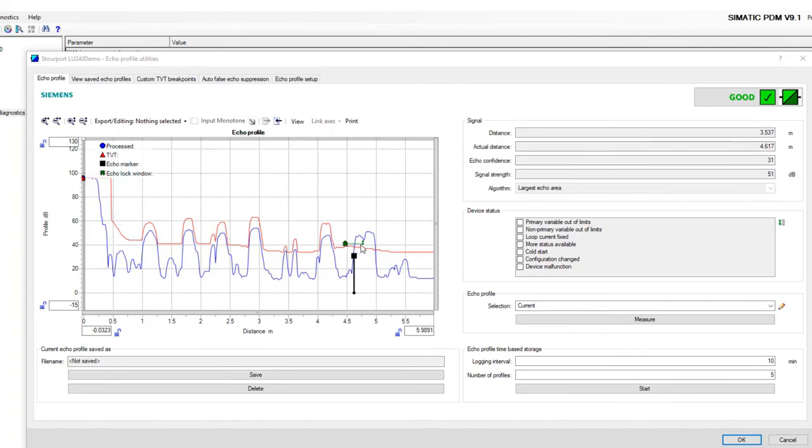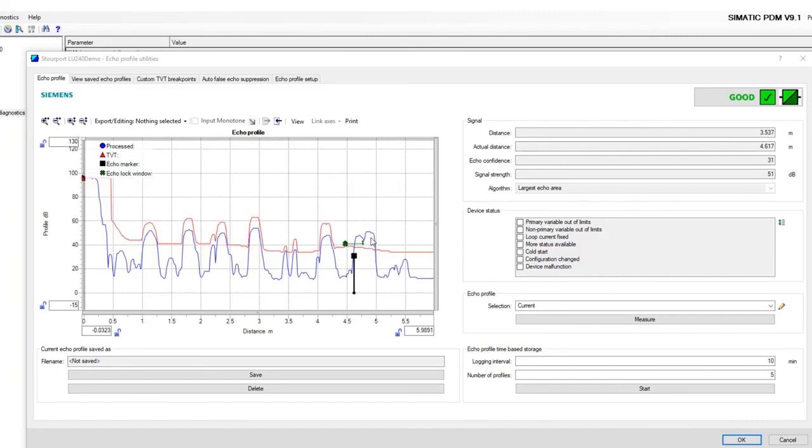Now, I quite often get asked what happens when this signal travels up into this red zone. The beauty of ultrasonics is as this gets closer, it's actually going to get higher in amplitude and stronger because it's got less distance to travel.